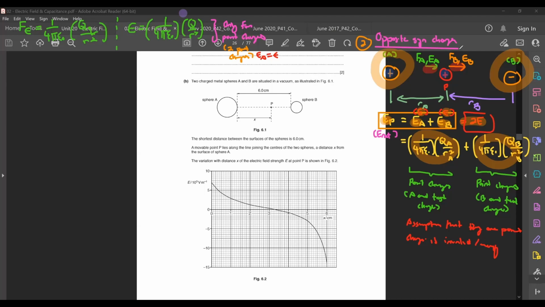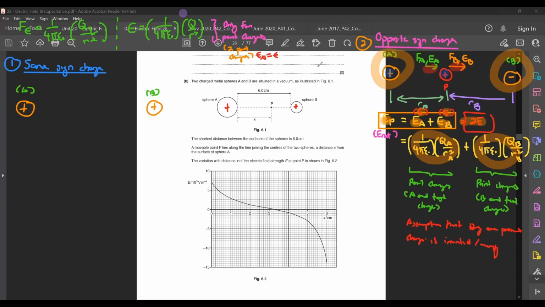This will again be a lengthy explanation. Say for example this is same sign charge, where I assume it is positive and positive. So sphere A is positive, and sphere B is also positive.